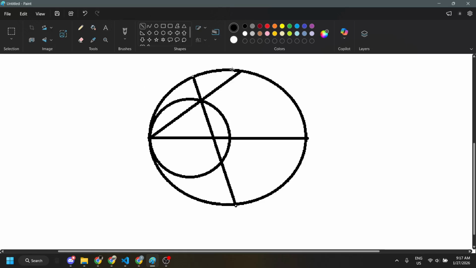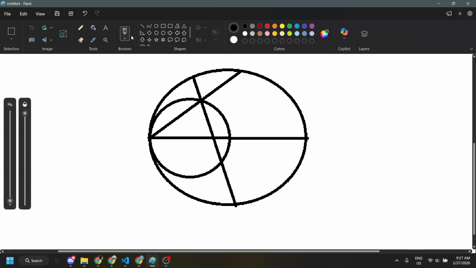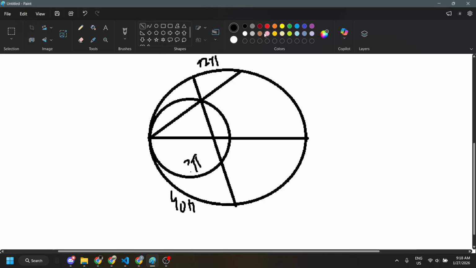And then we know that this is 40 pi, this is 12 pi. So what if we redraw it in pink from here?